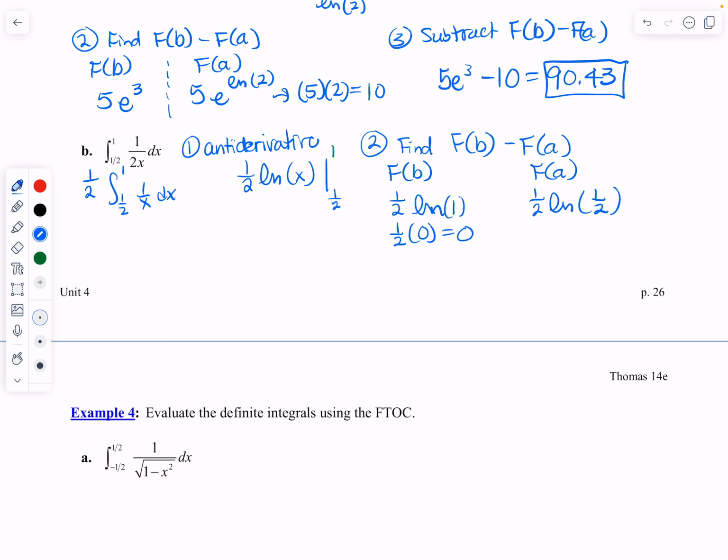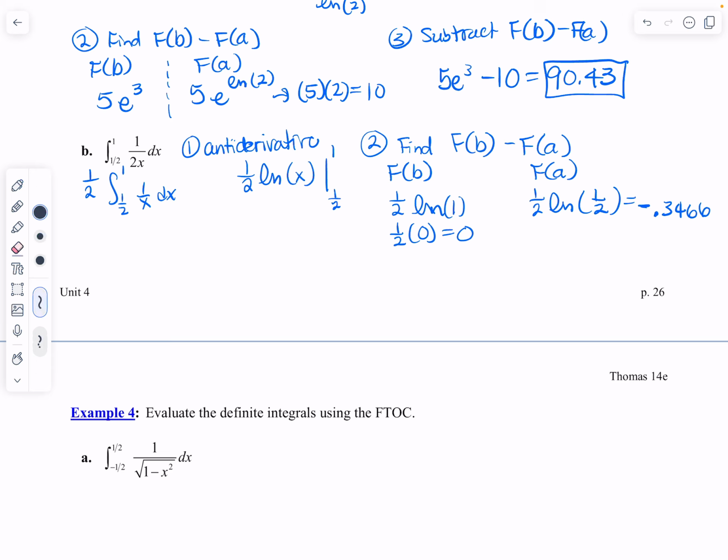So what I'm going to do is plug that into my calculator. So 1/2 or 0.5 times ln of 0.5. And when I do that, I get negative 0.3466. Again, I'm just rounding it.